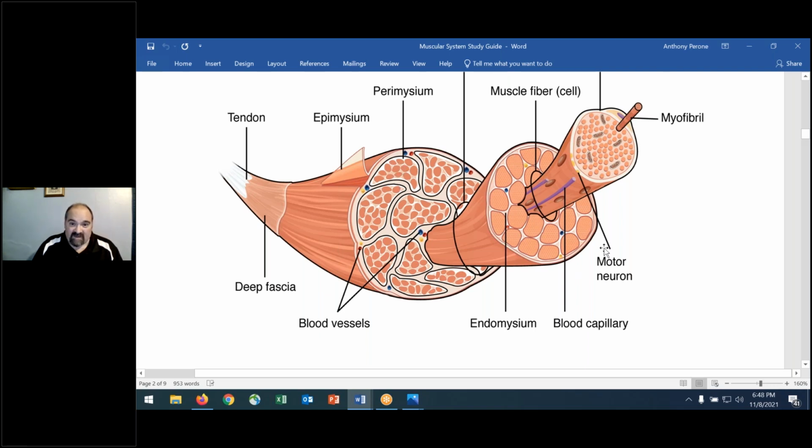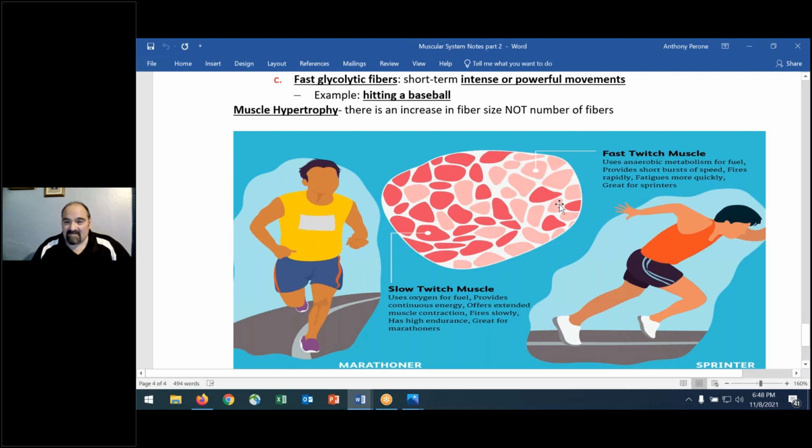Here's one muscle fiber composed of many myofibrils. I'm sorry, I'm messing up now. So the fascicle is comprised of many muscle fibers. Here's a muscle fiber composed of myofibrils, and a myofibril composed of the myofilaments. I'm sorry, guys, I apologize.